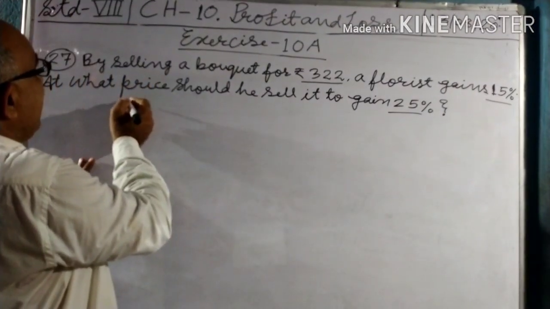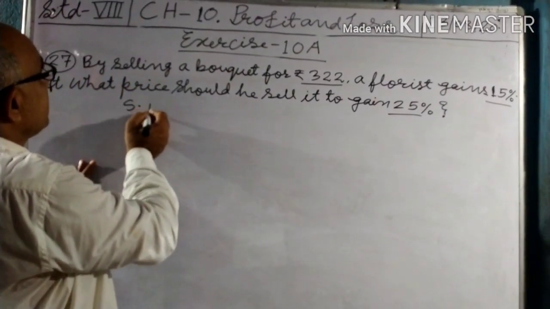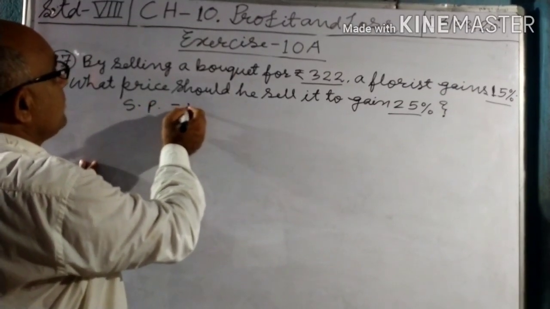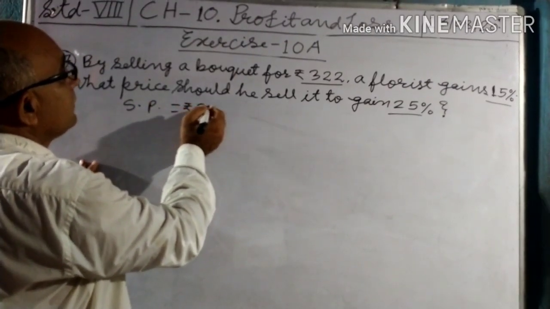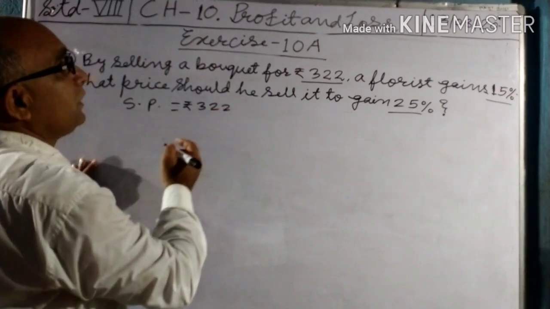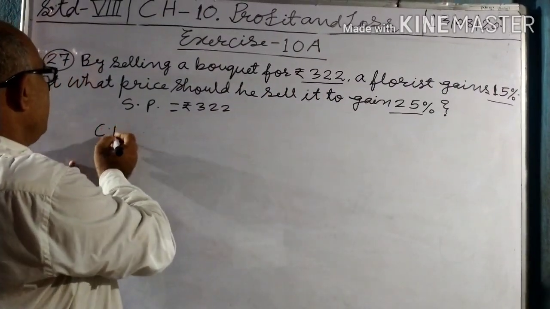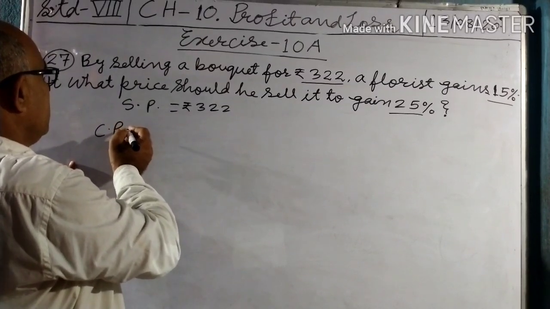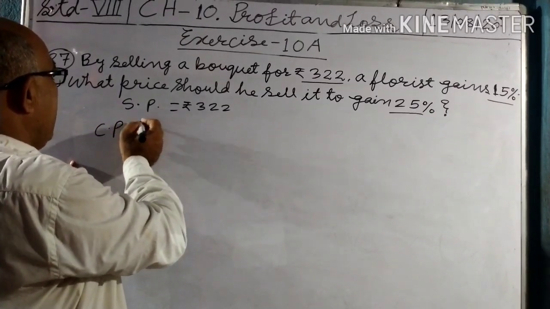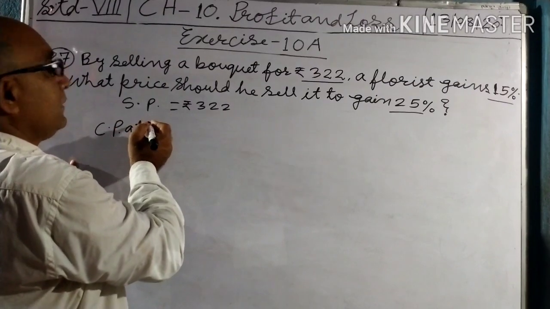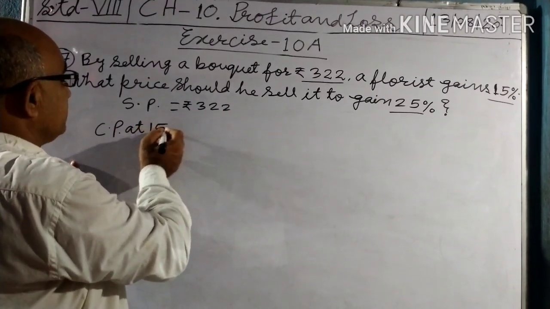Given SP equals rupees 322. Gain 15%. So find CP at 15% gain.